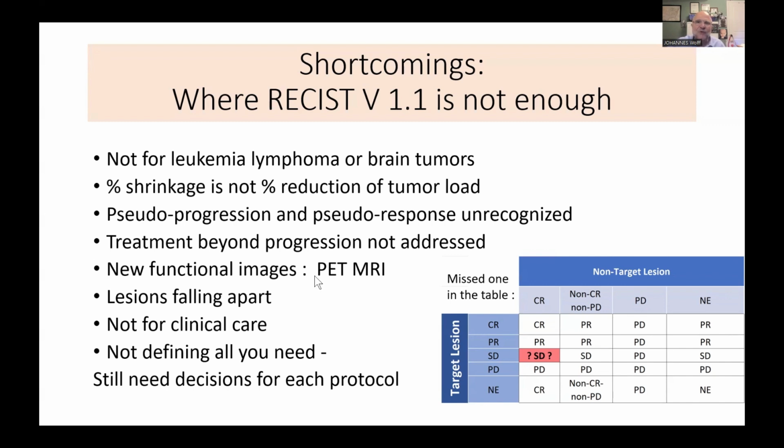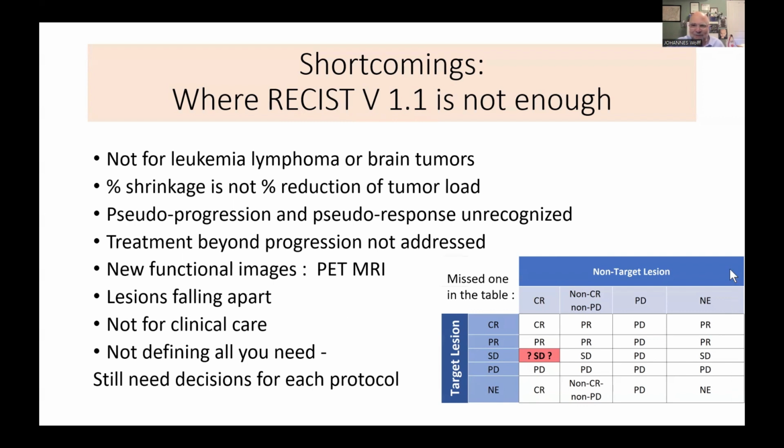We continue learning, and as we continue learning, we also need to revise our criteria and adapt, and RECIST version 1.1 was the status of 2009. There's a paragraph in there about lesions falling apart. I have another slide of that. That is just off, and you'll see in a moment why I think that is the case.